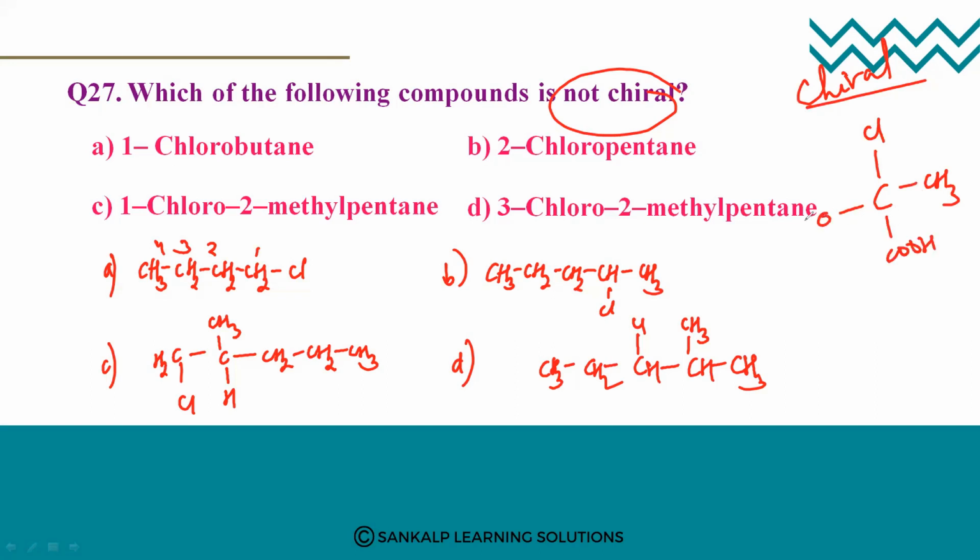Now they have asked which is not chiral, which means all four atoms are not different; any one will be the same. You have to check each compound for that. I've got three answers: D, A, and C. What about others?